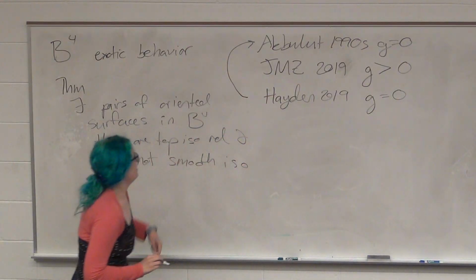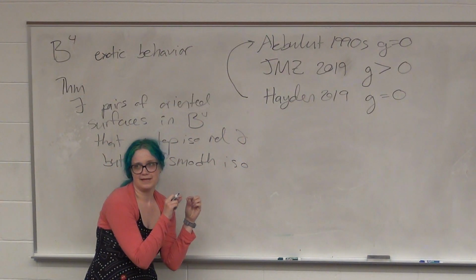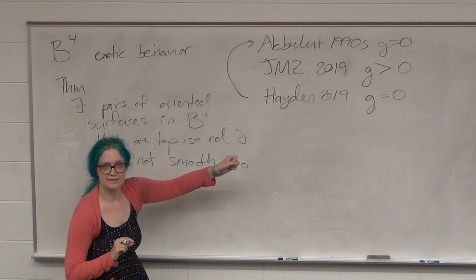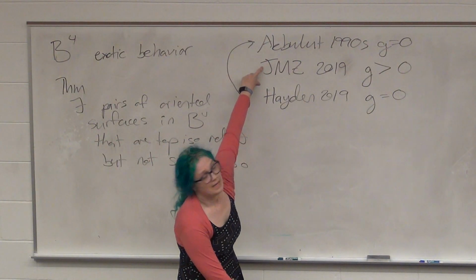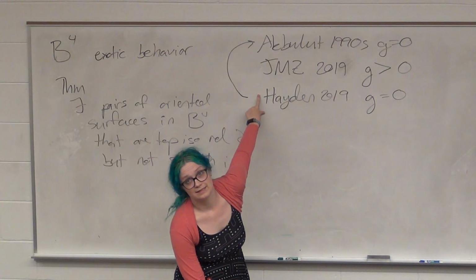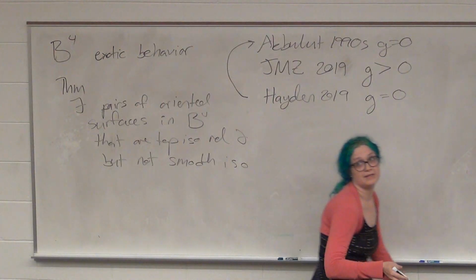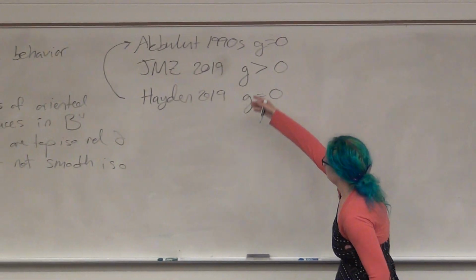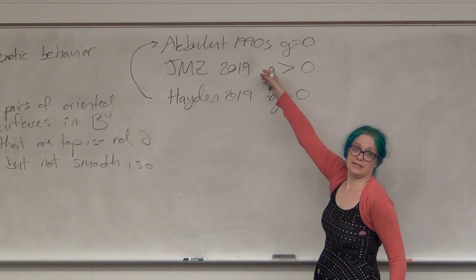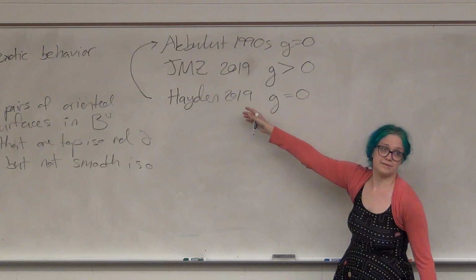And there's been a lot of increasingly refined results in the last 5 years. So this first paper, we made infinite families, and Kyle Hayden only made pairs of disks. And so it was open for a few years whether or not you could have an infinite family of disks. Now you can have an infinite family of disks. And we distinguished our surfaces using knot Floer homology, whereas Kyle Hayden used Khovanov homology.